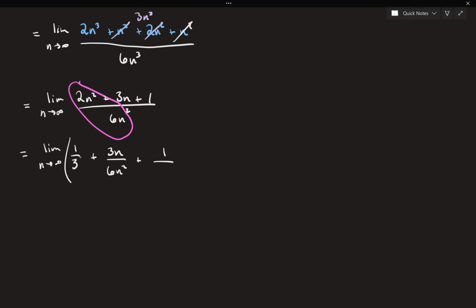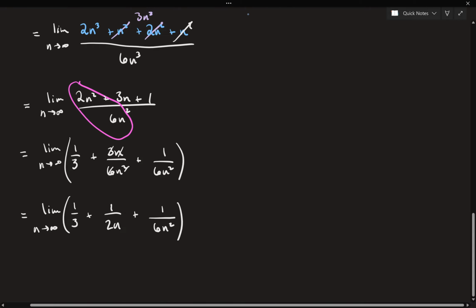And then 1 over 6n squared. I see I can cancel this. 1/3 plus 3 and 6 are a half, so that's 1 over 2n, and then 1 over 6n squared.